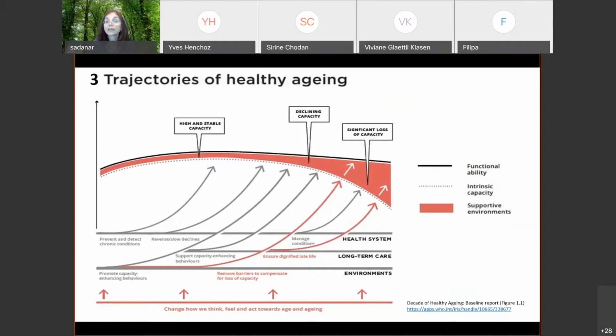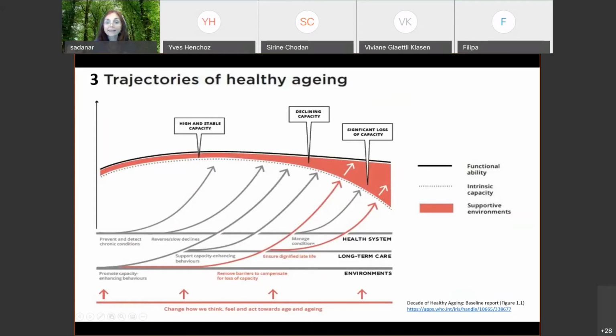How are we improving health systems and long-term care, and also the environments, through very specific public actions that address population policies that are implemented, to actions specific to different communities or individuals? And what we want to see is, even when we know that people have high and stable capacity, and then there can be a place of declining capacity as well as a significant loss of capacity, what can be done in the environment to really bump up this functional ability.